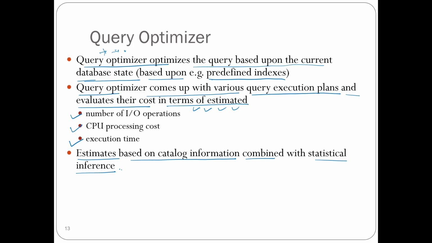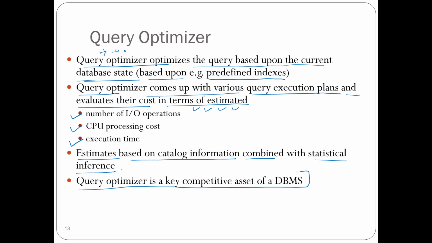On that basis, the query optimizer will estimate the cost for each query execution plan. The query optimizer is a key competitive asset of a DBMS, probably one of the most important components of a DBMS, and it is present in the query processor.